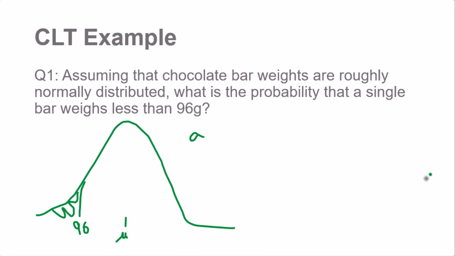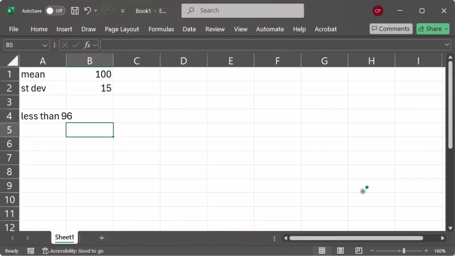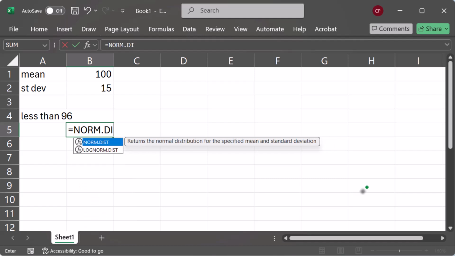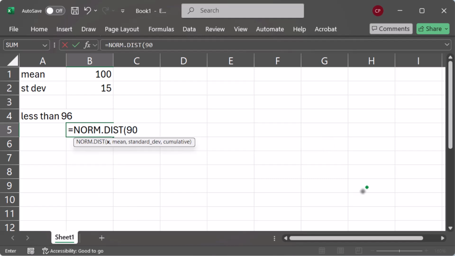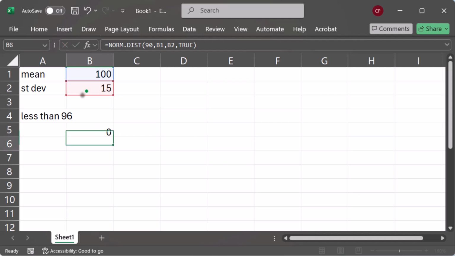I'm going to solve this with Excel, but there are various ways that you could calculate this. So if I have a mean of 100, a standard deviation 15, and we want to know the probability of getting something less than 96, this would be equals norm.dist 96, comma, I'm going to use my mean of 100 and my standard deviation of 15, and this is a cumulative calculation, so I'm putting true in the last input, and I get 0.25249, so about 25%.